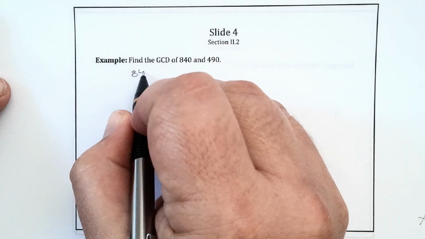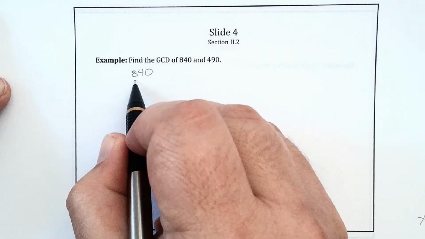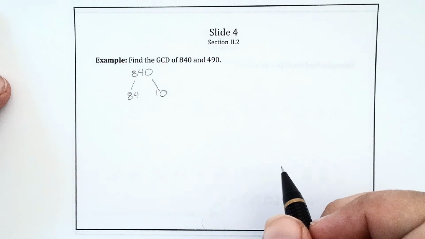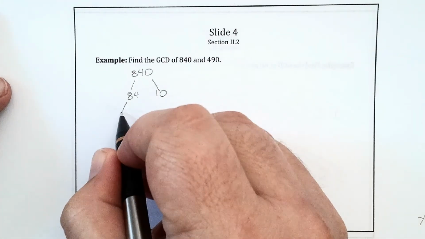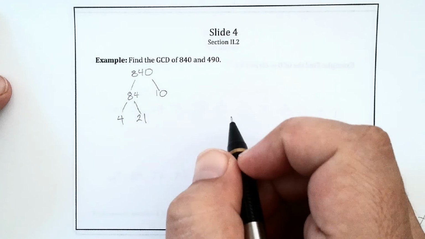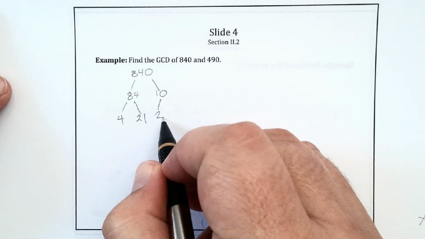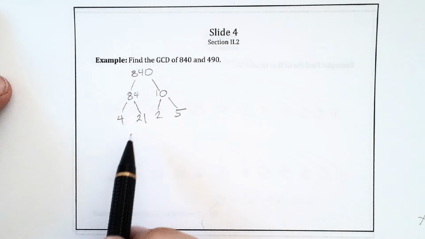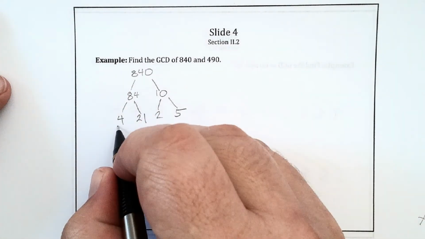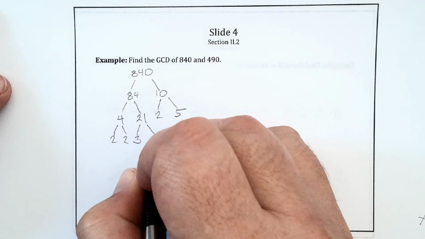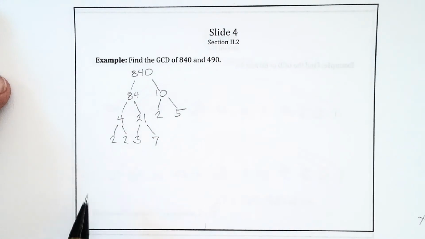Okay, 840 factors into 84 times 10. 84 is 4 times 21. 10 is 2 times 5. 2 and 5 are both prime. 4 and 21 are both composite. 4 is 2 times 2. 21 is 3 times 7.